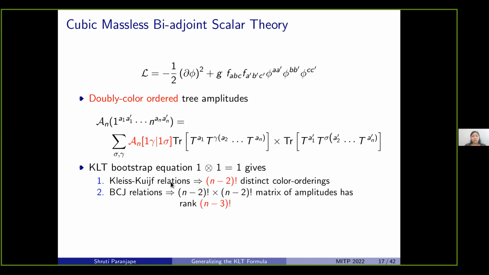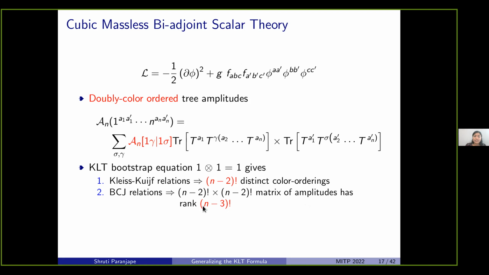amplitudes. It gives you actually two kinds of relations. One are known as the Kleiss-Kuijf relations, which are linear relations between amplitudes with different orderings in theories that have f^{abc} color structures, discovered by Kleiss and Kuijf. And the other are what we normally would call the BCJ relations.